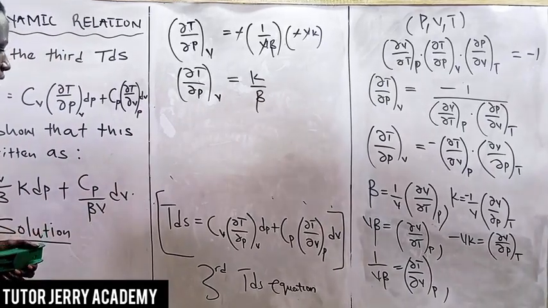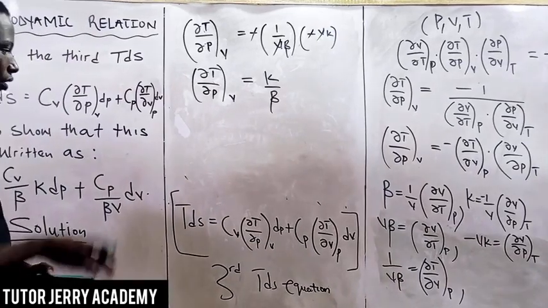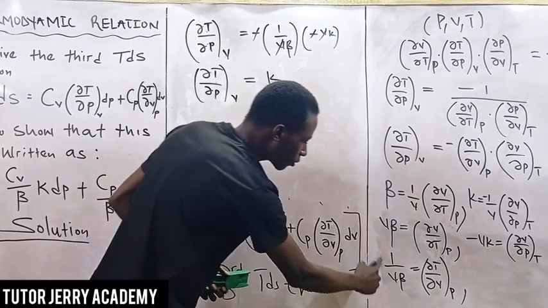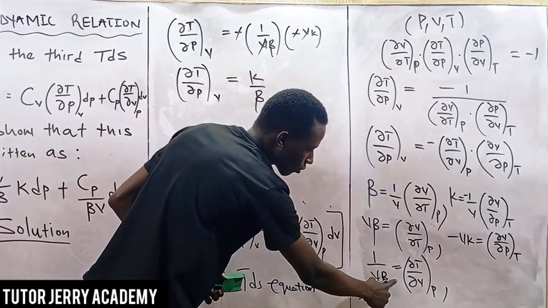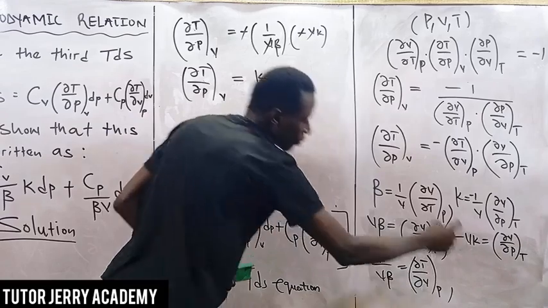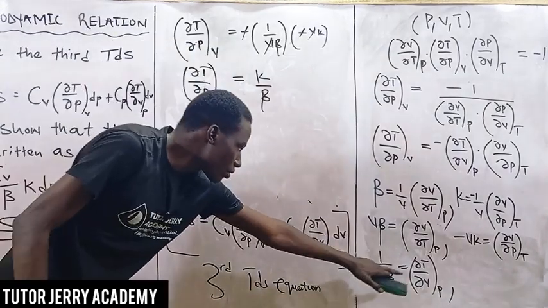But before we do that, let's look for our other relation. Now, we know that 1 all over v beta is equal to the partial derivative of t all over the partial derivative of v keeping p constant.